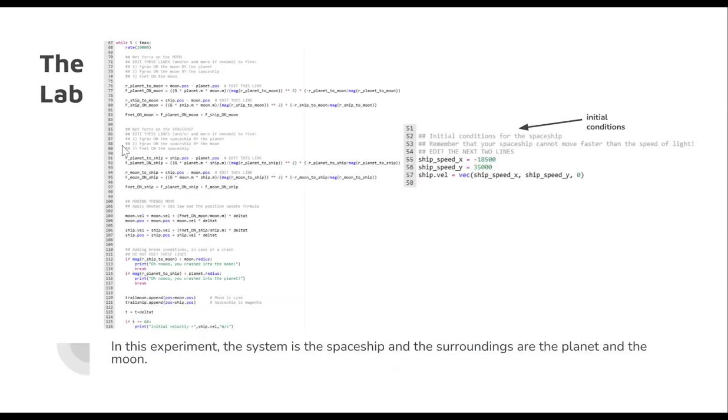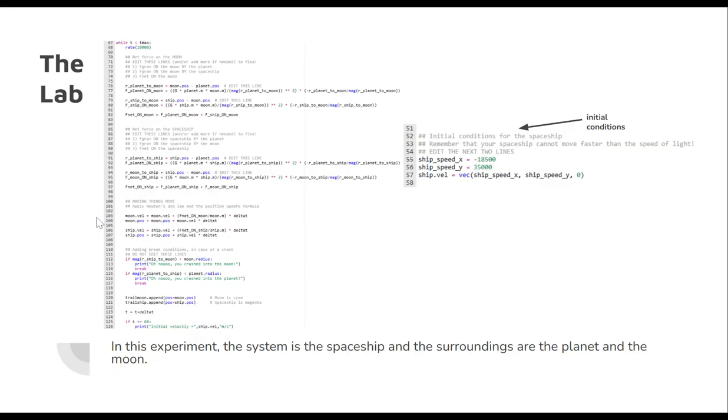Let's look into this a little bit farther. In this experiment, the system is objectively defined as a spaceship, while the surroundings are the planet and its moon. So here are the initial conditions. After many iterations of trial and error, I determined the velocity for the ship initially to be these components, and then we use a plethora of formulas here.